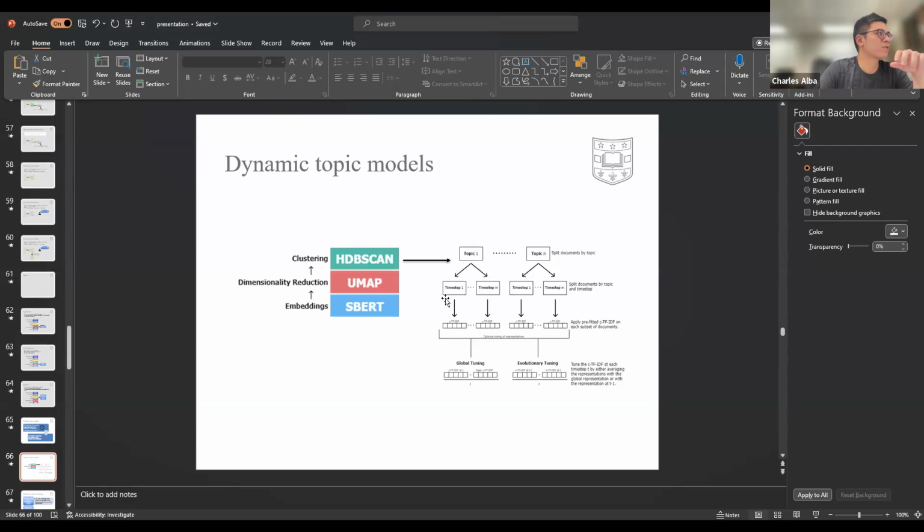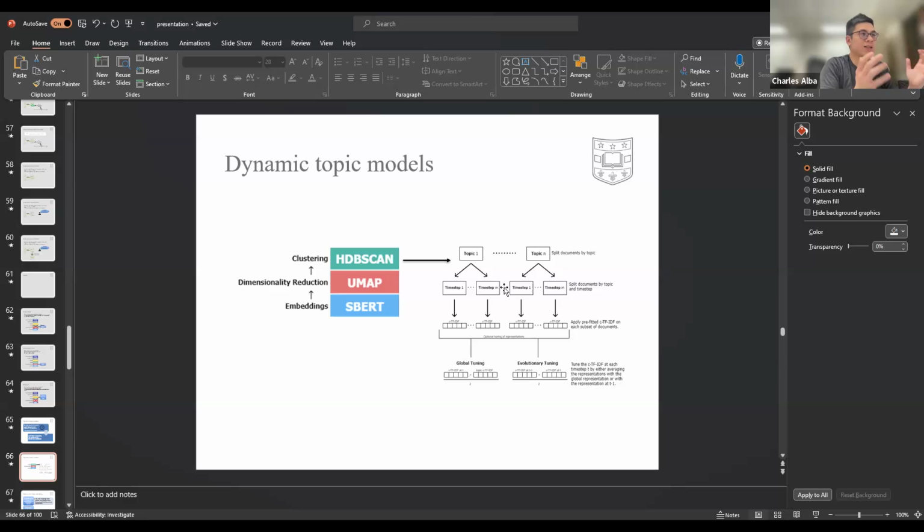So you have time step 1 all the way to time step m within each cluster. It partitions them based on the time step, and then it performs the TF-IDF. So it only identifies the prevalent keywords within that time step itself.